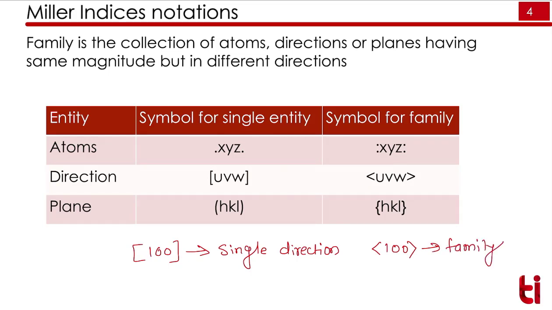What is the meaning of family, or what is meant by family? Family is the directions or the planes or the atoms having the same magnitude but in the opposite or any direction.